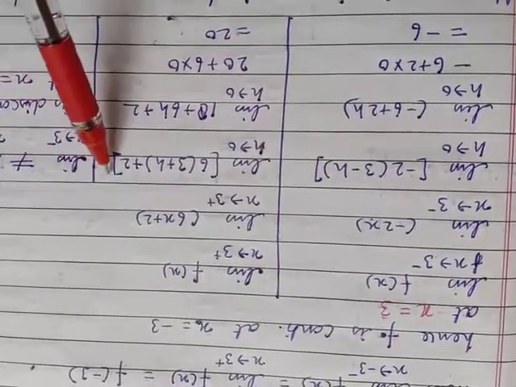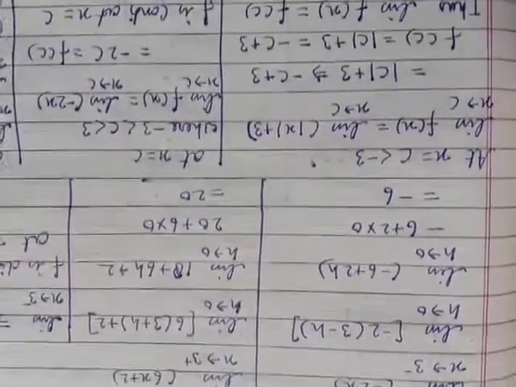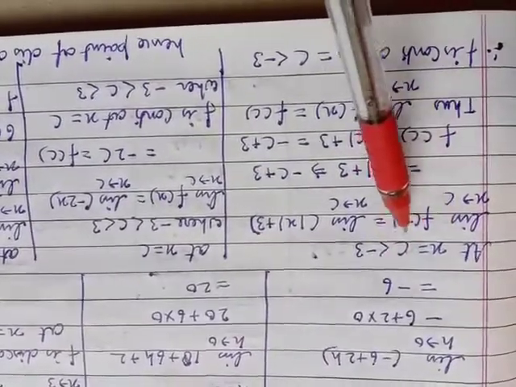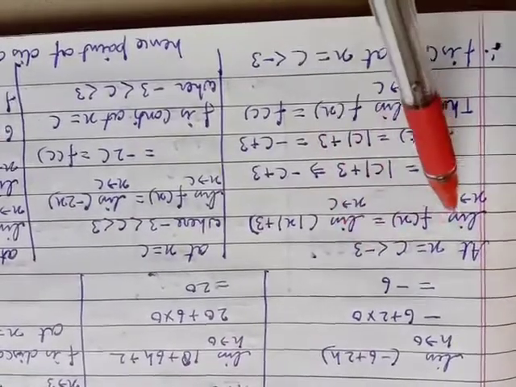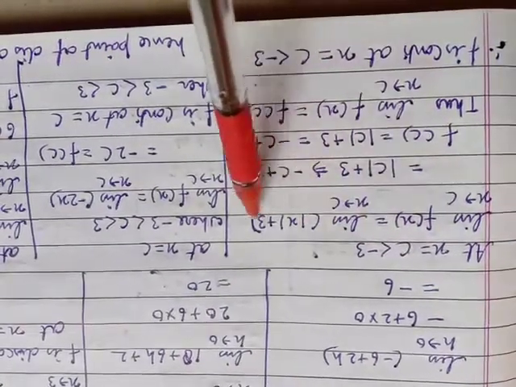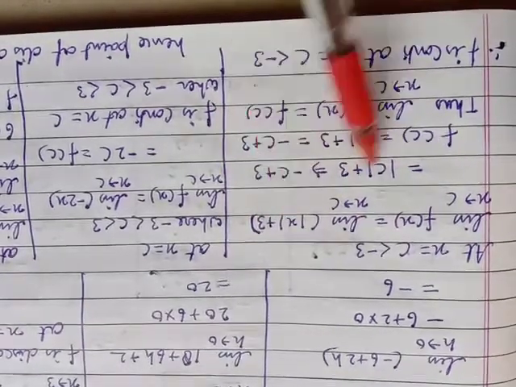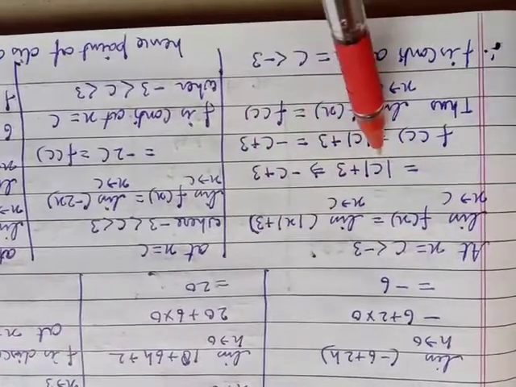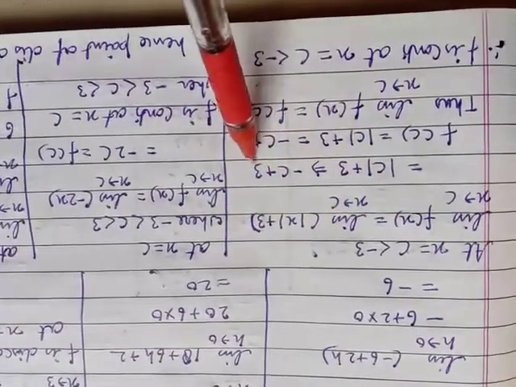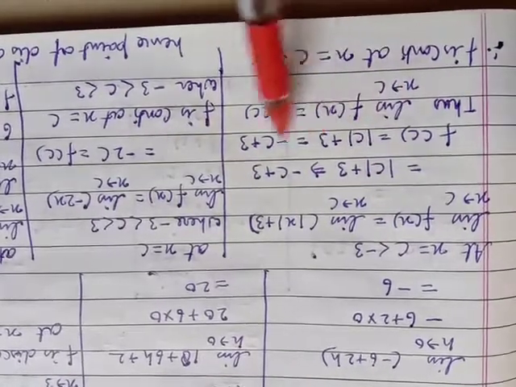Actually this question belongs to either 1 mark or 2 marks only. Now at a general point c, if you wish to check: if c is less than -3, the limit x tends to c of f(x), where f(x) is |x| + 3, becomes |c| + 3, and c is negative, so -c + 3, and at c the function value is also the same.